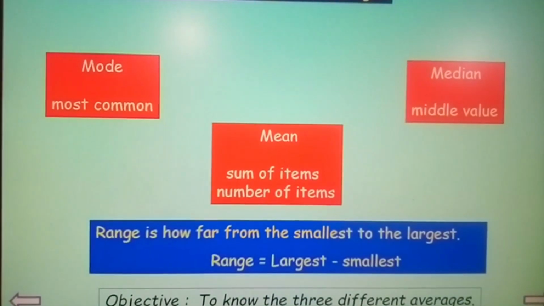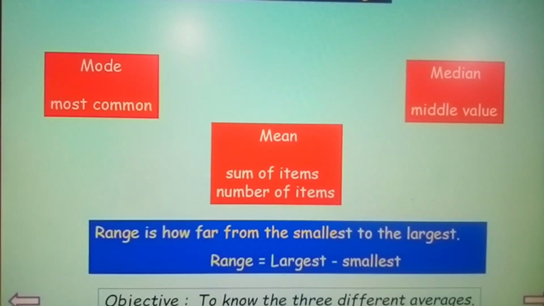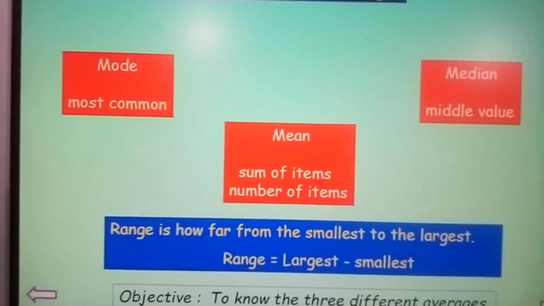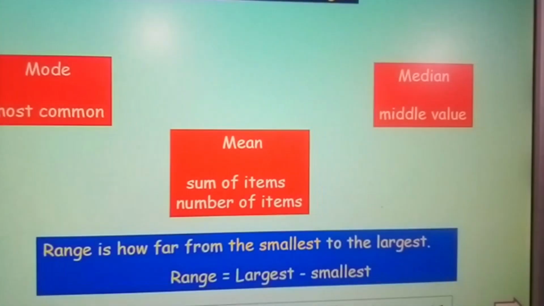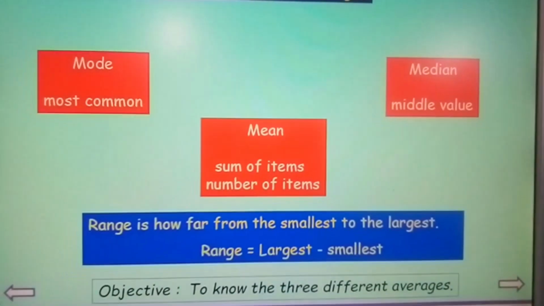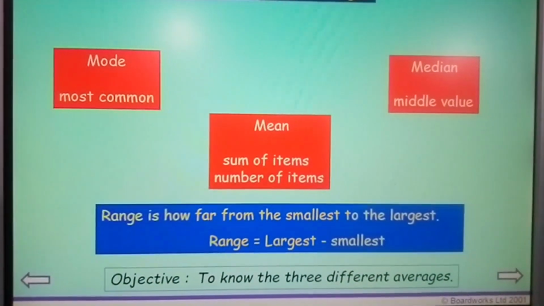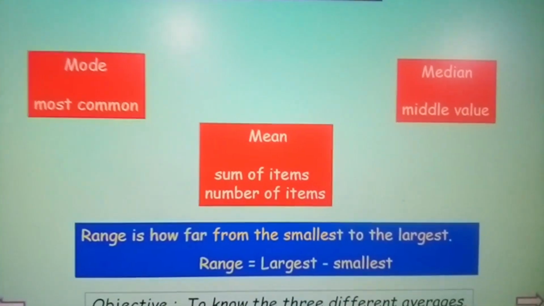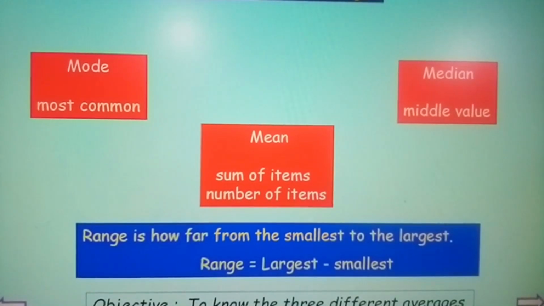Here we have the objective: to know the three different averages. Now, range is how far it is from the smallest to the largest.